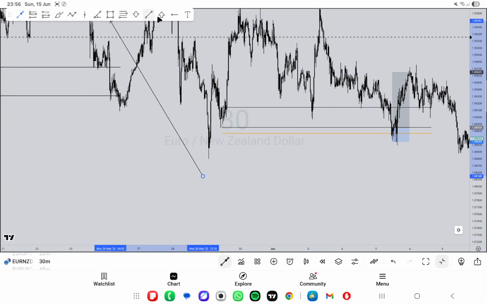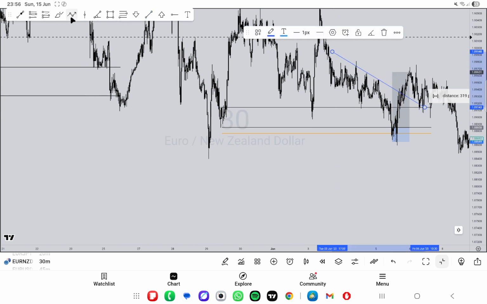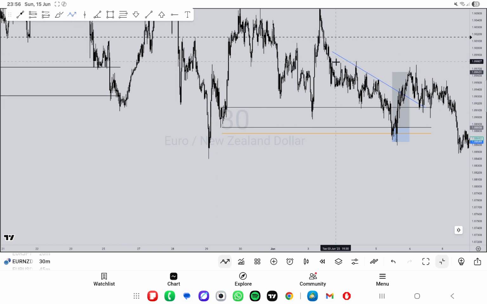I also looked and saw that we were forming this wedge right here, and then boom.